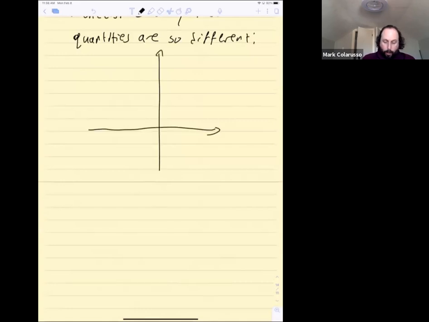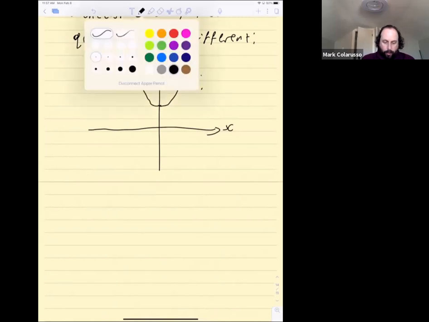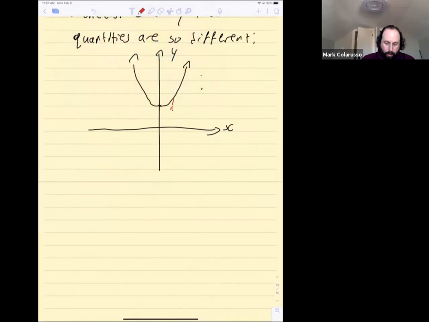The curve 3x squared plus 2 is a parabola that's been translated up by 2 and stretched. So it's going to be up 2 units and stretched. And somewhere you have the point 1, and over here 4.